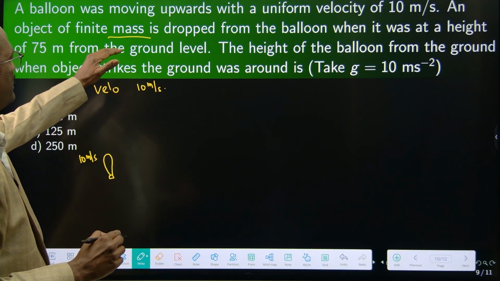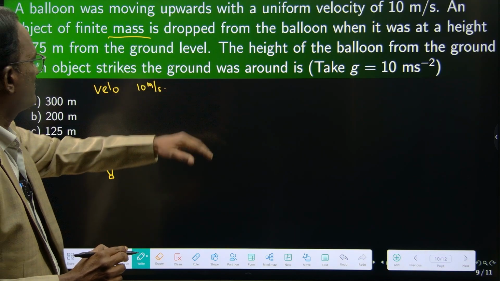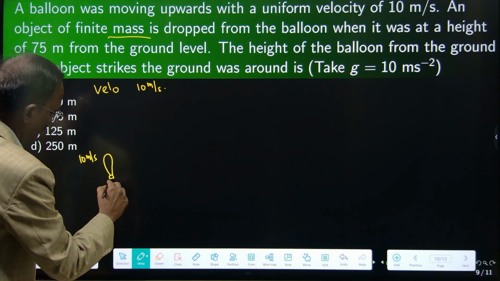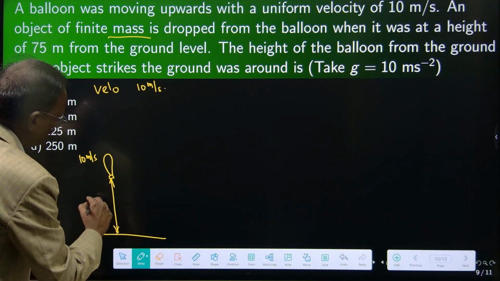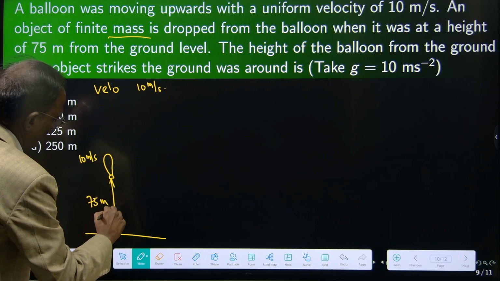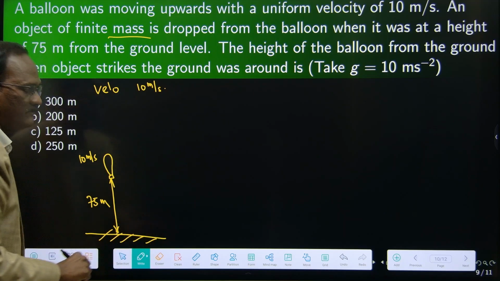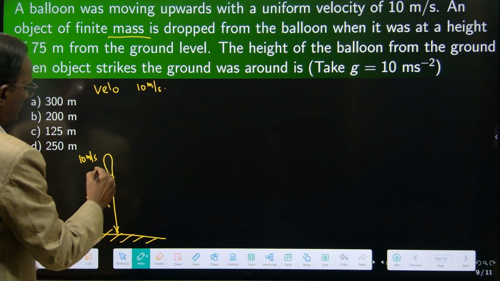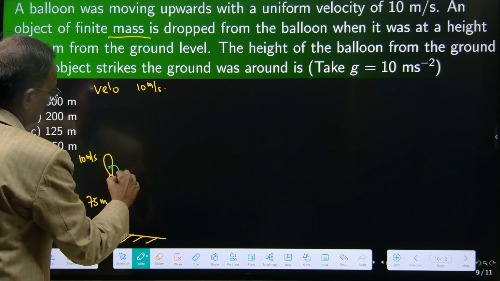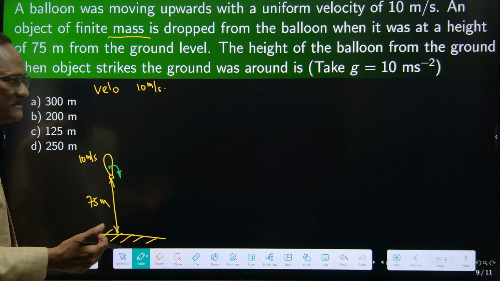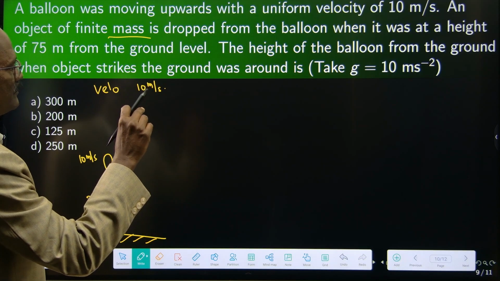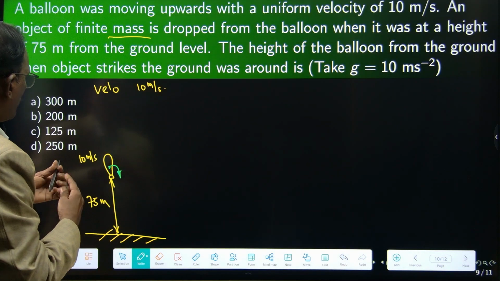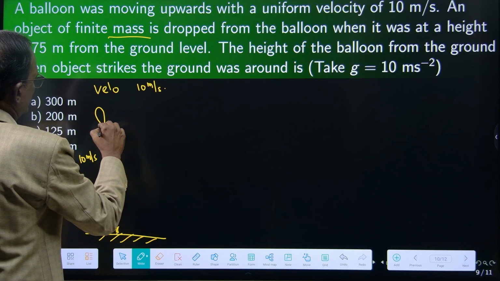An object of finite mass is dropped from the balloon when it was at a height 75 meter, right? This height is 75 from the ground. An object is dropped, finite mass. The height of the balloon from the ground: the balloon is going up and up, isn't it?